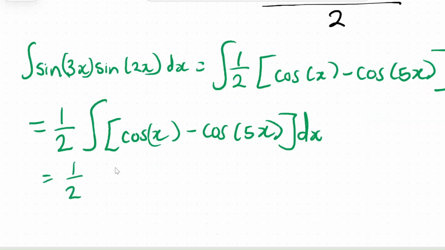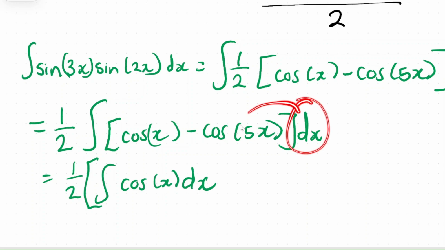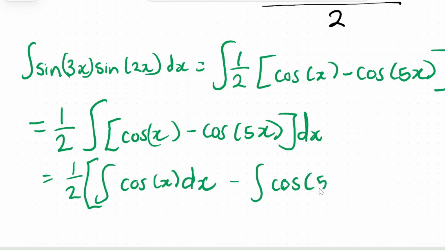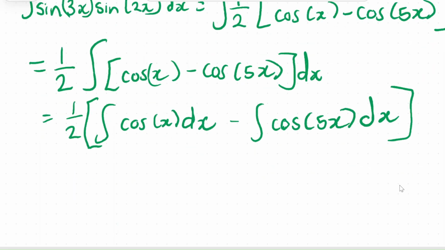which would then give us the integral of cos x dx, since we're distributing the dx, minus the integral of cos 5 of x dx, so that we can get half.